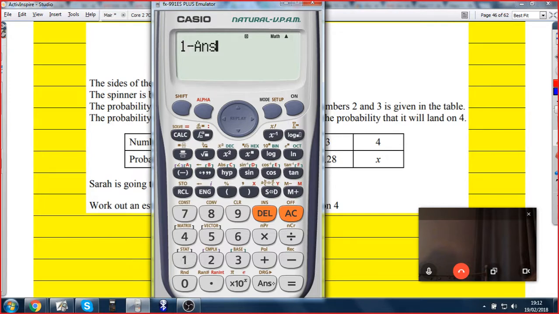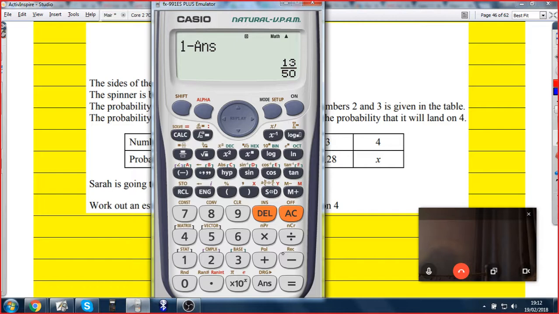So 1 minus that gives you 0.26, and then divide your answer by 2, and you get 13 over 100, or as a decimal, 0.13. So that's 0.13 for x, and that's 0.13. And then in part B, they said it spun 500 times. How many times do you expect it to land? And so then you're using your 0.13 times the 500.